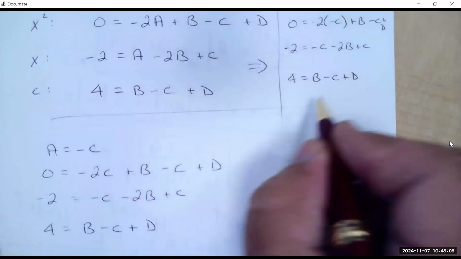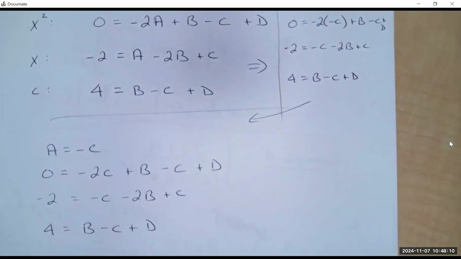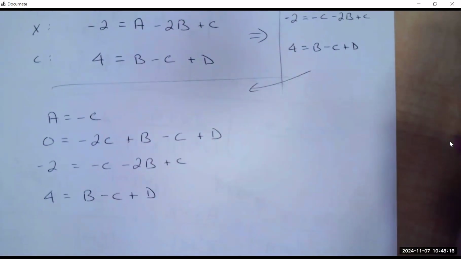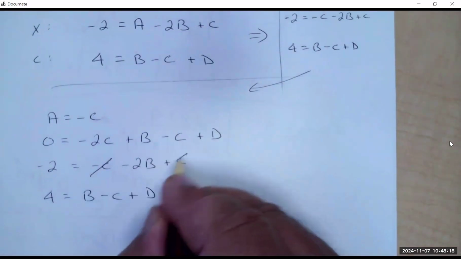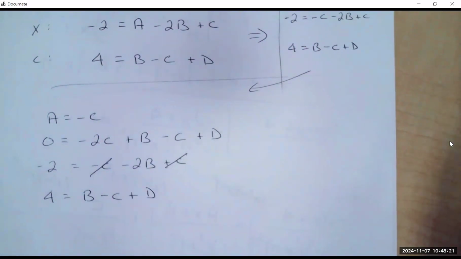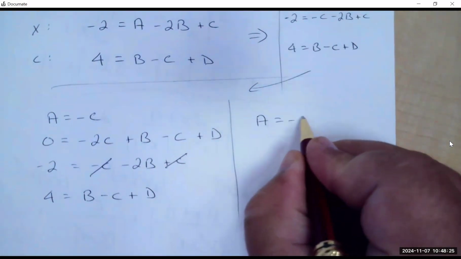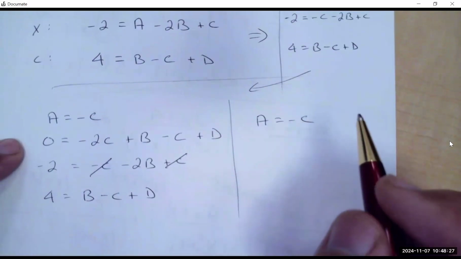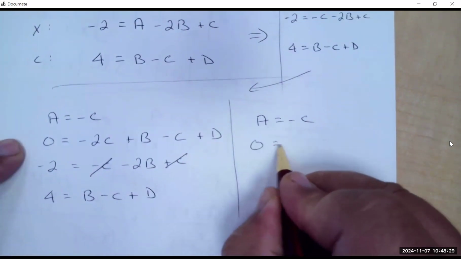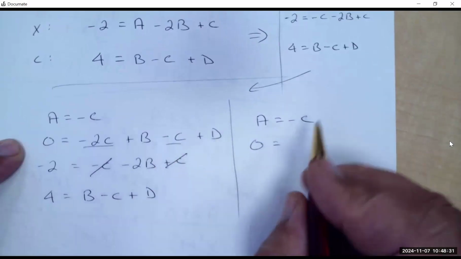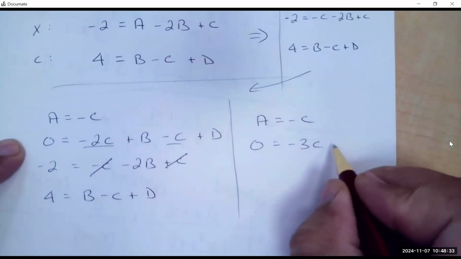Going from here to there to there. The c and negative c cancel. Negative 2c minus c is negative 3c.